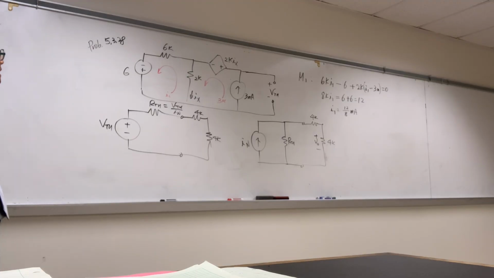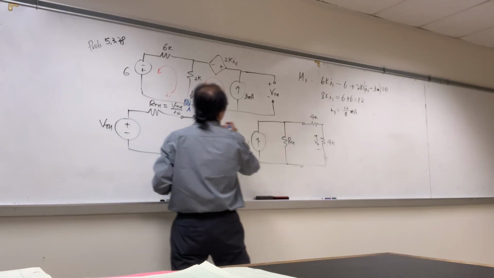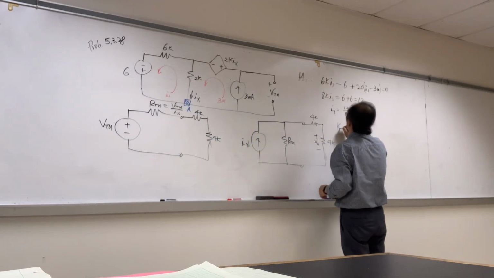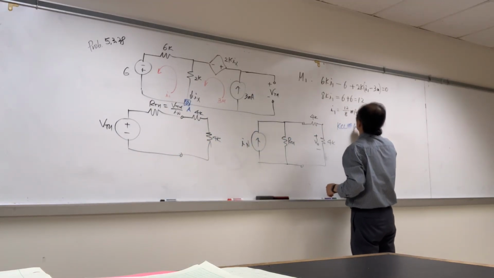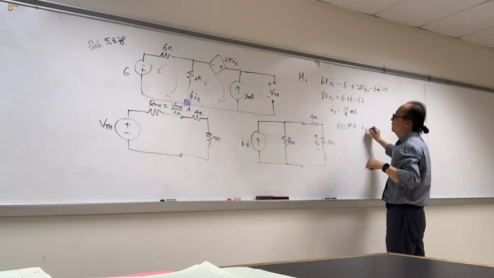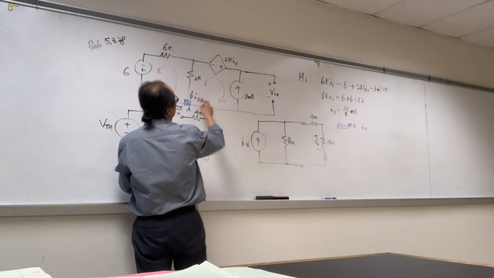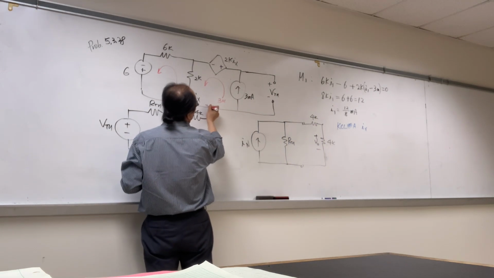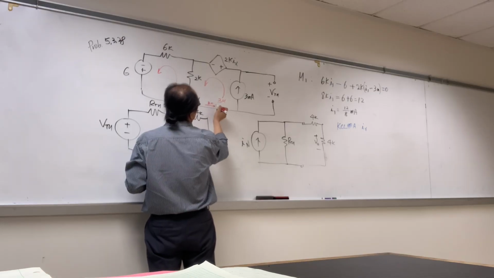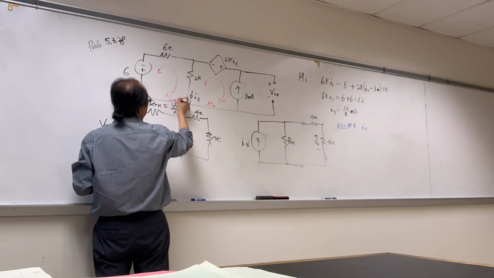Now what? KCL. I'm going to call this node A. So KCL at A. Entering is I sub X. And we need to be careful, this 3 milli is going in that direction, and this one is entering I sub 1.